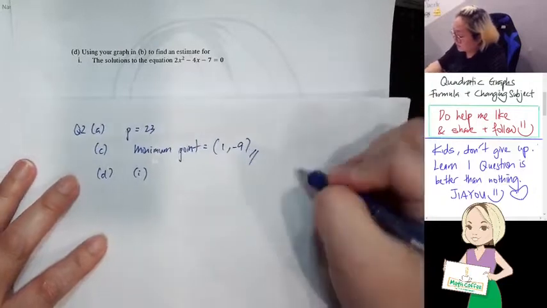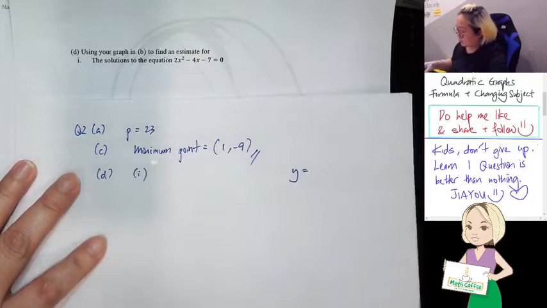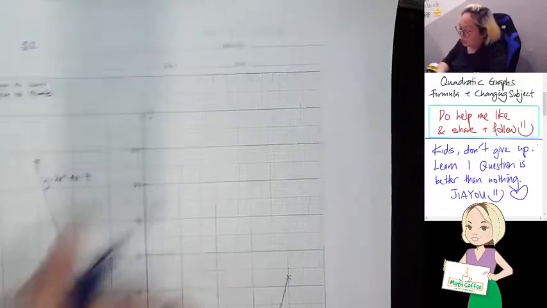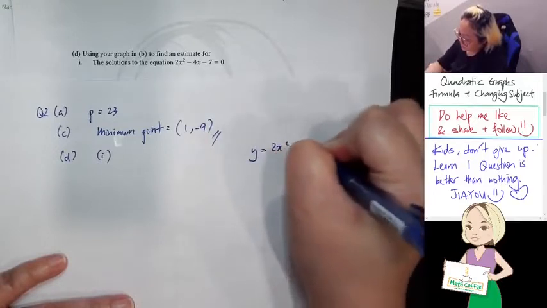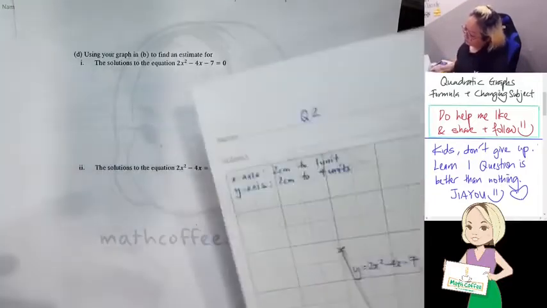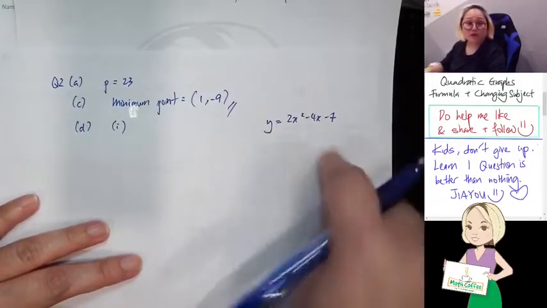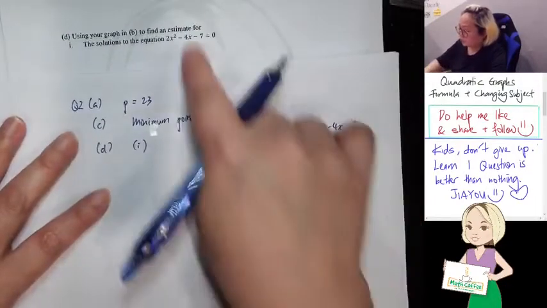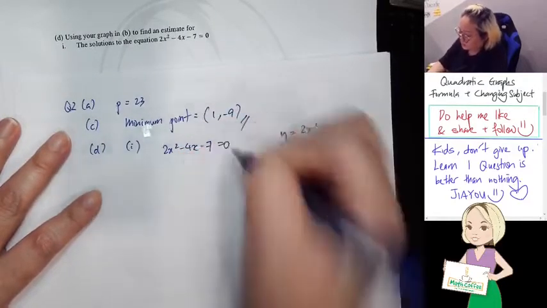Remember I say that always write out your original equation first. The equation of the curve was y equals 2x squared minus 4x minus 7. Always write out the original equation of the curve at the side first. They asked me to solve for 2x squared minus 4x minus 7 equals 0.